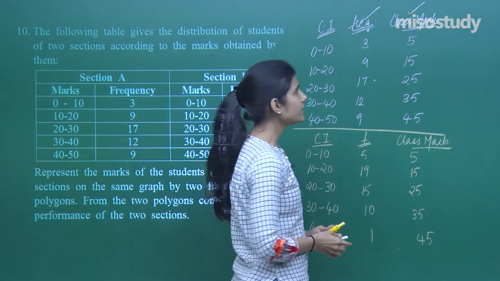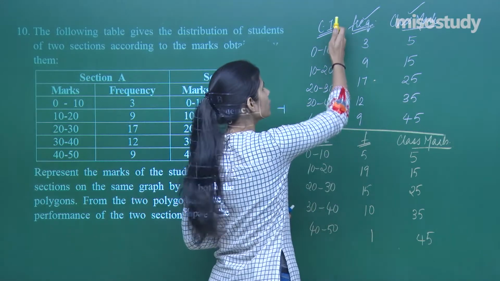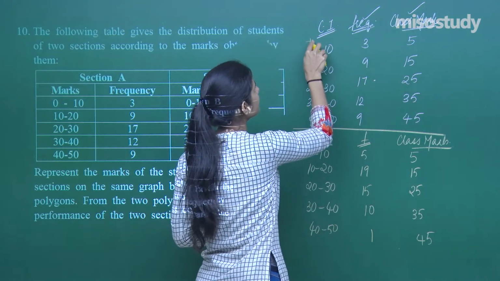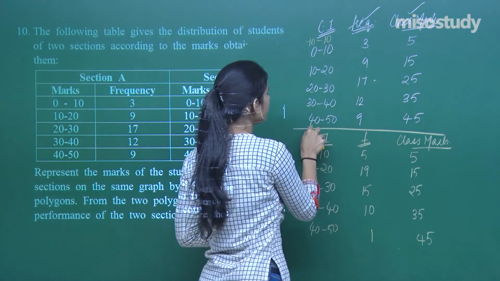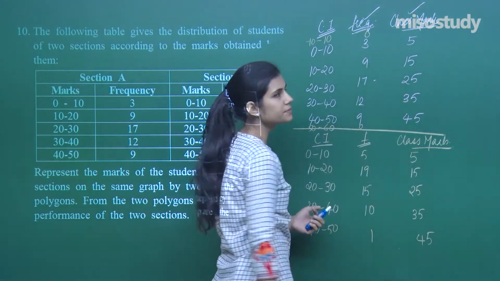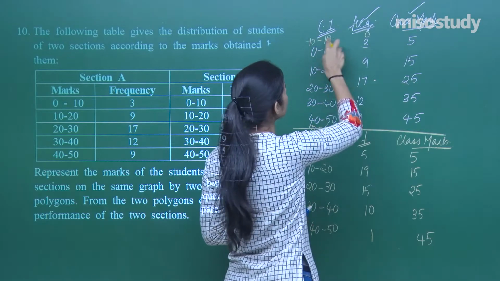Remember in the frequency polygon what we did: we used to add two imaginary class intervals, one before the first one and one after the last one. So here I am going to add -10 to 0 and 50 to 60, both with frequencies 0. Class mark would be what?